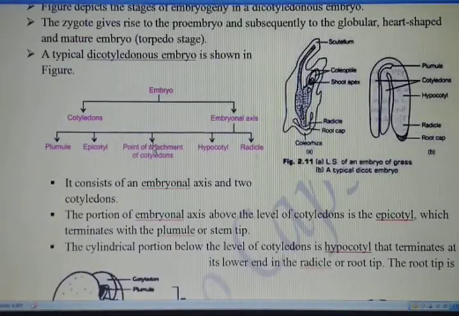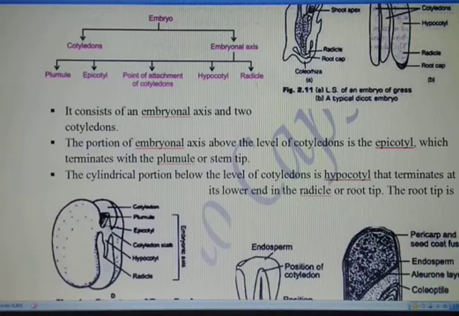Just see this flow chart. The embryo has two parts, the cotyledon and the embryonal axis. Two cotyledons, as I showed over here. In between these two cotyledons is present the embryonal axis, which has all these parts. In the center over here is the point of attachment of cotyledon and the embryo.